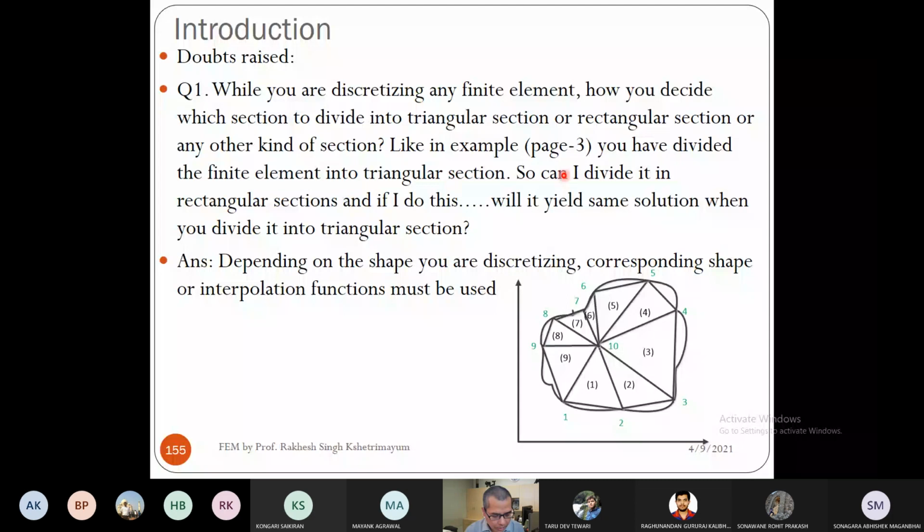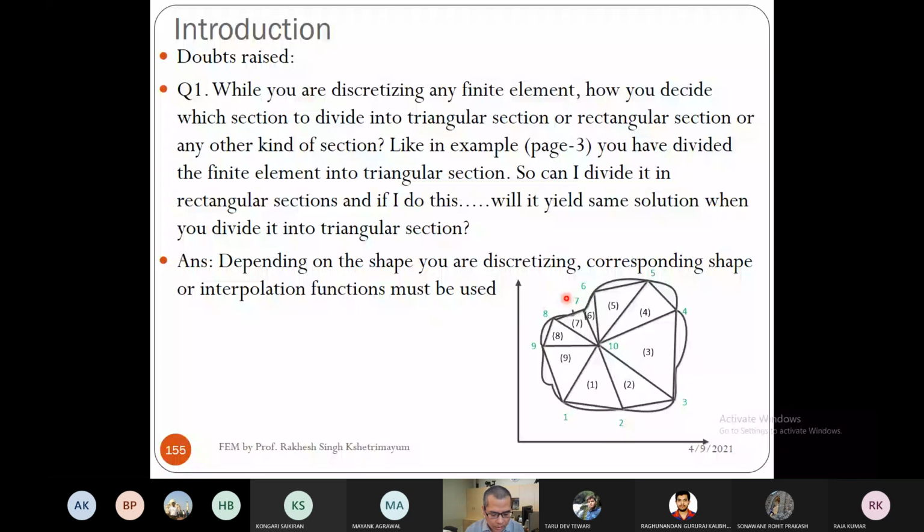See, basically the choice of the subsection is purely yours and it's your convenience. It is dependent on the shape of the structure you are discretizing. Had it been some rectangular shape, then obviously it would be easier for you to discretize using the rectangular shape function.